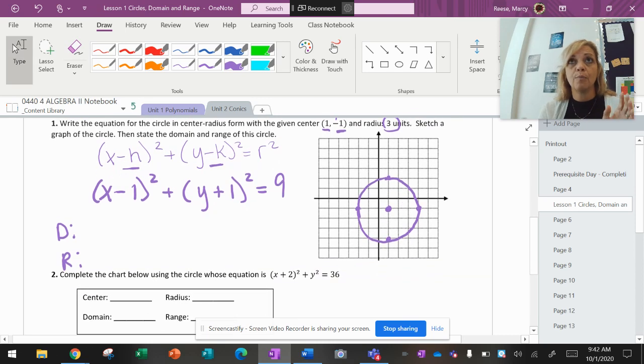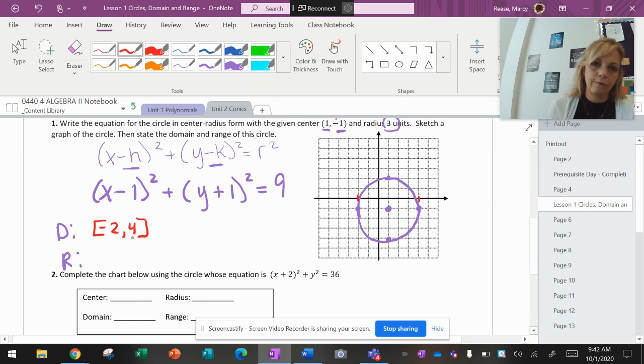So interval notation uses brackets, which means it includes the points, and parentheses if it doesn't. So think about all the x values right now. If I change the color, the lowest x value I go to is -2. The highest x value I go to is 4. So in interval notation, it is -2 to 4.